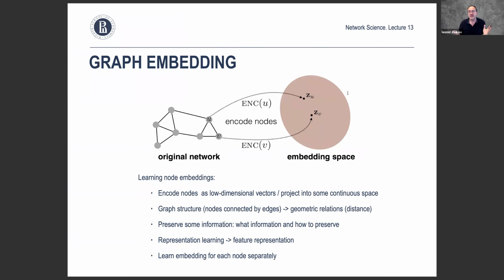Well, it's a very, very simple idea that for every node of the graph, we want to assign a coordinate in some space, right? And that's about it. So in some sense, when you try to draw a graph and you want to put nodes on the two-dimensional plane, you're actually embedding it into the two-dimensional space, right?